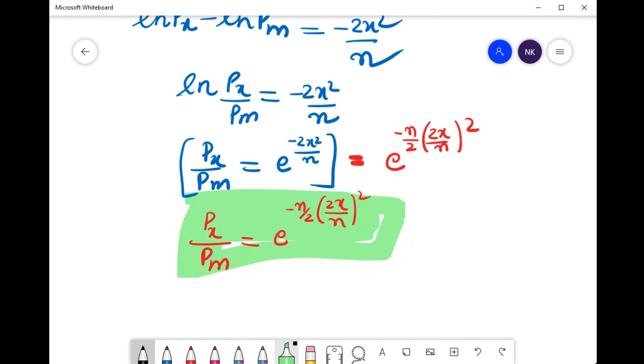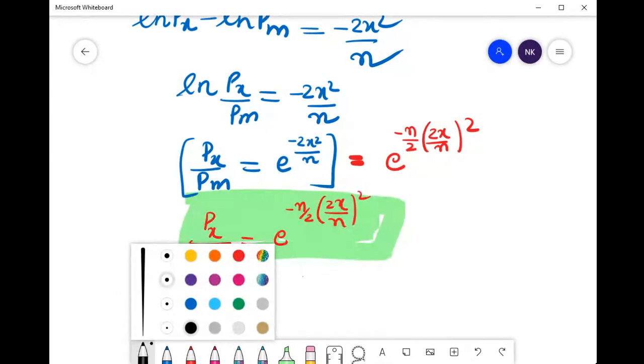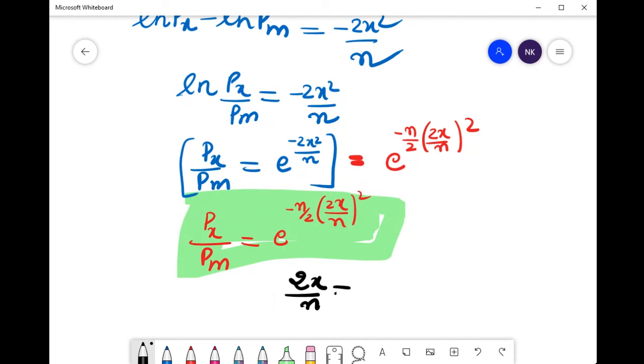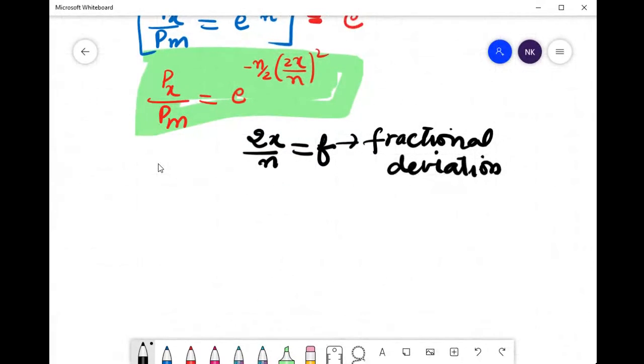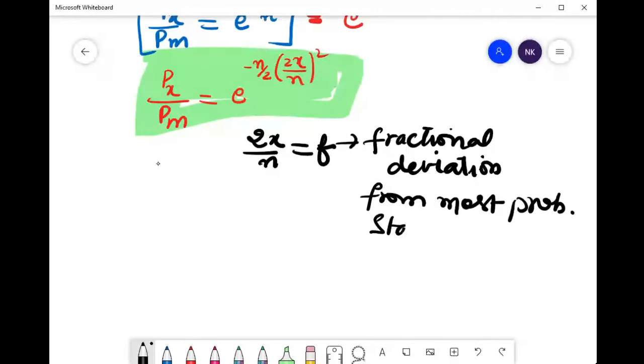Done. So let us suppose this 2x upon n is equal to any function f, which is called the fractional deviation from the most probable state.